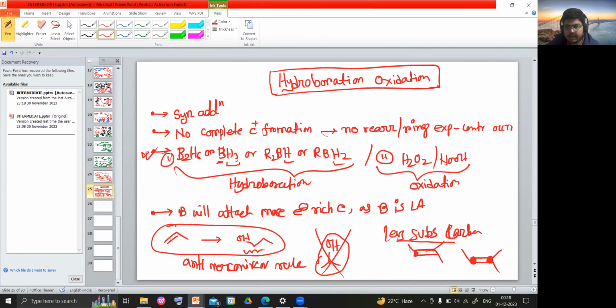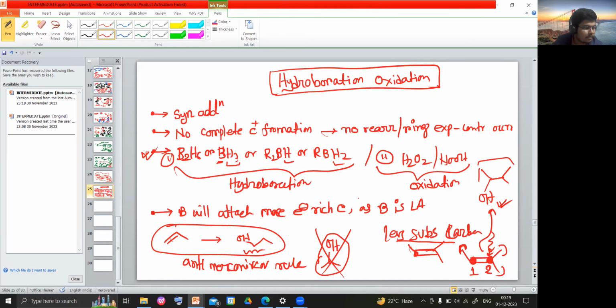The first alkene carbon has one substituent, methyl. The right-hand side alkene carbon has two substituents, so the second carbon is more substituted. Here the reagent attaches OH to the less substituted carbon. So from this molecule, our product will have OH at the less substituted carbon.